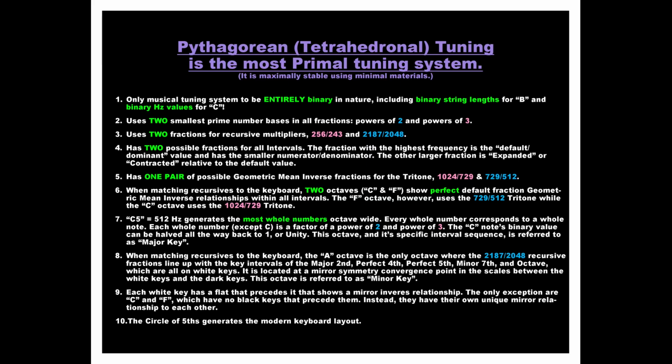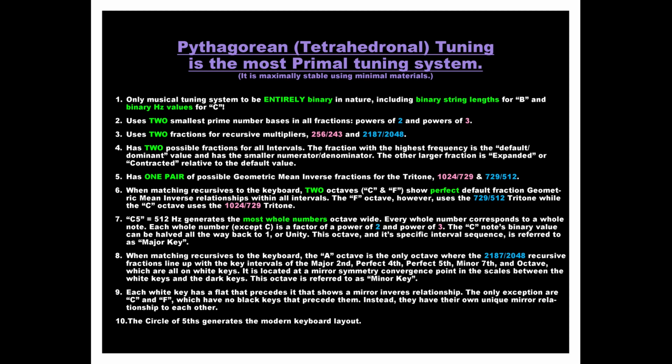It has 1 pair of possible geometric mean inverse fractions for the tritone. When matching recursives to the keyboard, 2 octaves, C and F, show perfect default fraction geometric mean inverse relationships within all intervals. The F octave, however, uses the 729-512 tritone, while the C octave uses the 1024-729 tritone.